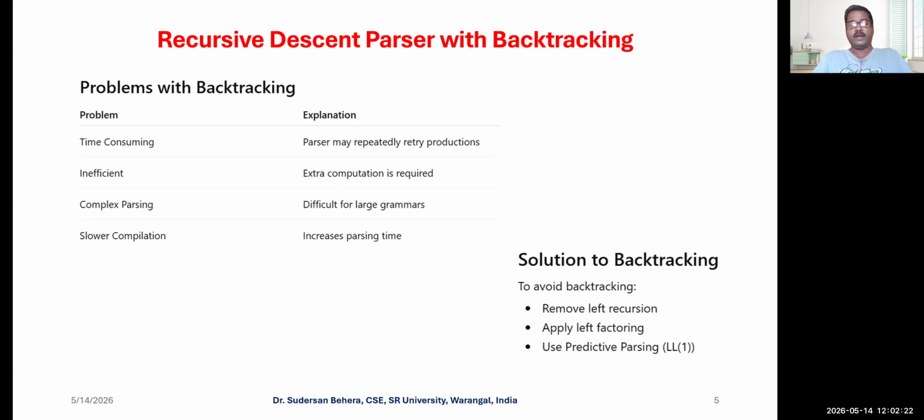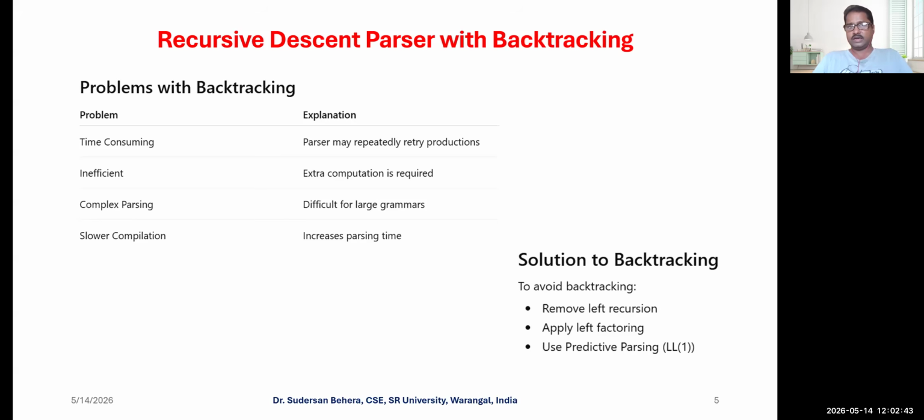Okay. Next, use predictive parsing or LL1 parsing. Because of all those shortcomings, the second kind of parser that has been approached is called the top-down predictive parser or LL1 parser.